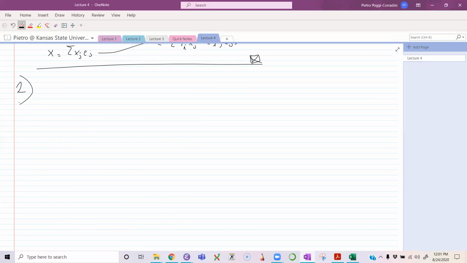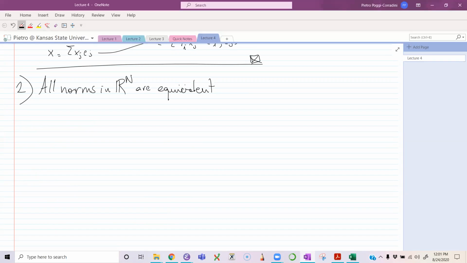And this is a very important fact about norms in R^n, that all norms in R^n are equivalent. That's very special to R^n. In infinite dimensional spaces, this is not the case.